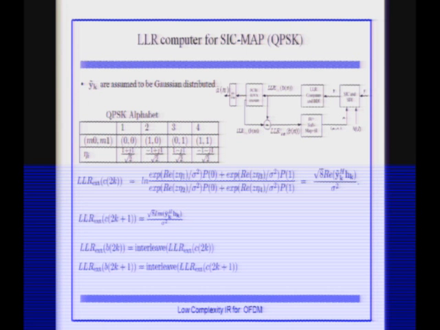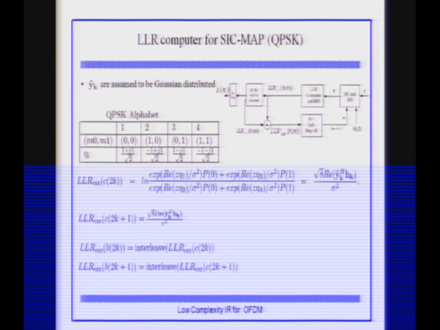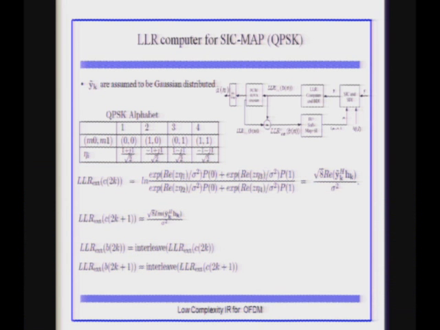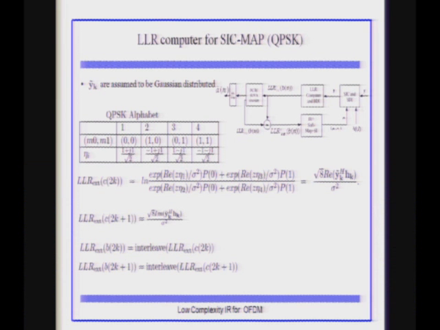So that is essentially the idea about the interference cancellation. Cancel the interference in such a manner that you take full advantage of the Doppler diversity. Now with those y's, how do we compute the log likelihood ratios? This is an example for a QPSK case. We assume these y_k are Gaussian distributed because the noise is Gaussian and the new noise is also assumed to be Gaussian.